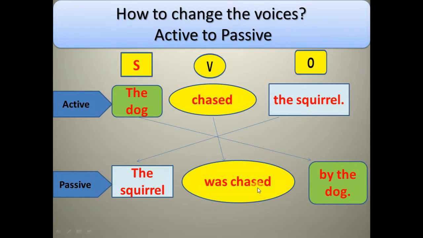If it was irregular, there are chances that you should have changed it. So the squirrel was chased by the dog. So the dog is the agent, the one who does the action.